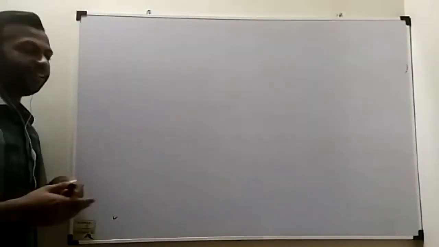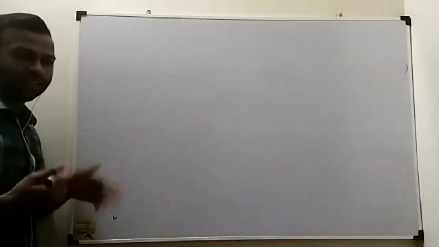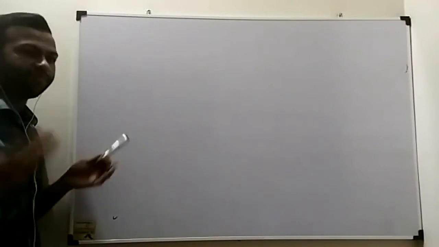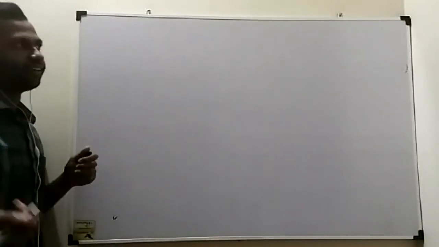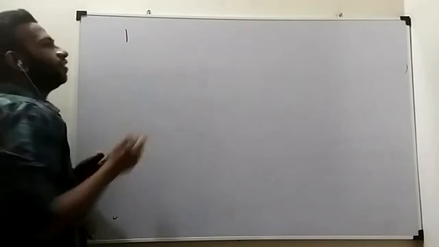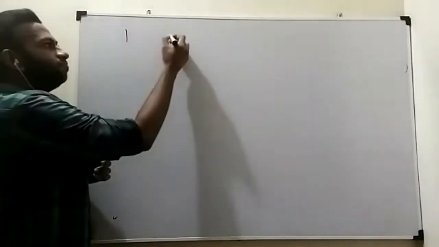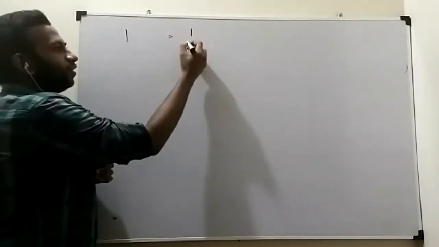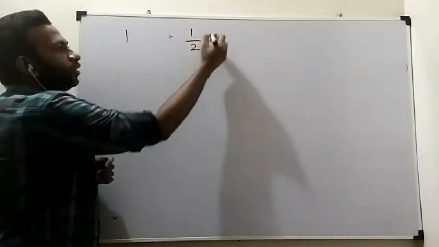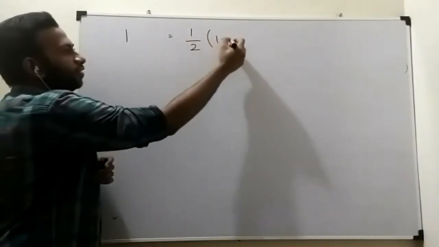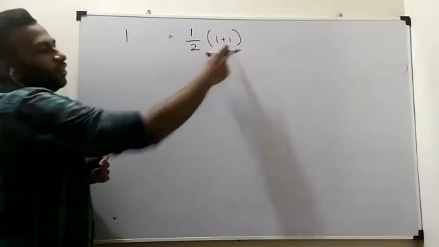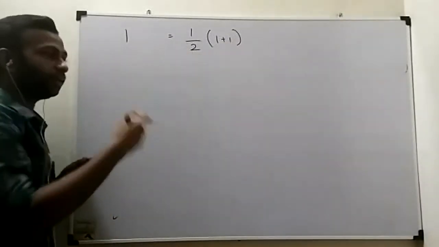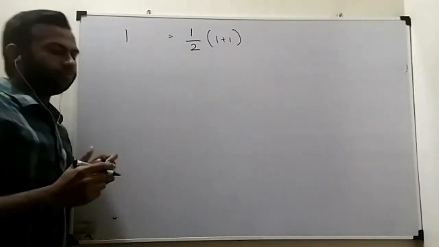Imagine you were playing around with numbers and you suddenly came up with a cool result. You said, okay, 1 can be written as 1 divided by 2 times, let's say, you add another one. So 1 plus 1 is 2. You divide it by 2, it cancels off, it becomes 1.